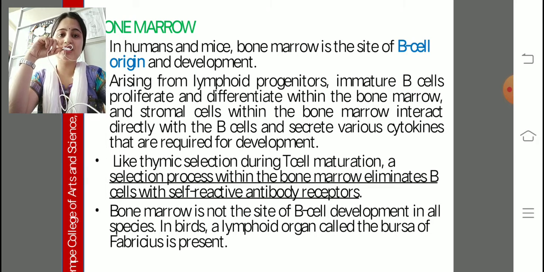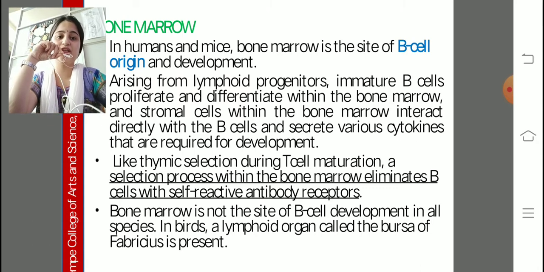These B cells arise from progenitor B cells, which proliferate and differentiate within the bone marrow, and the stromal cells within the bone marrow interact with the B cells and secrete cytokines that are required for development. Here also there are selections which eliminate the non-functional or self-reactive antibodies.